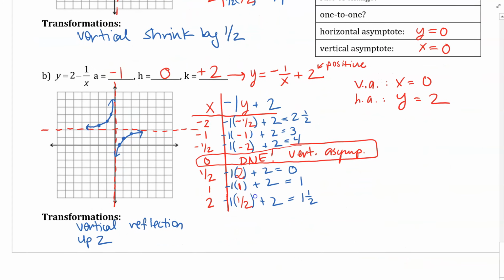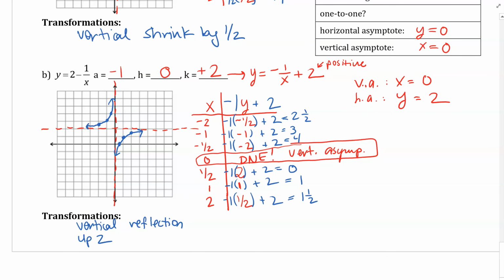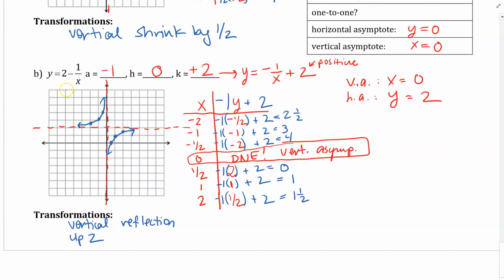Okay, B, also sort of deceiving, the way it's set up here. It looks like k is -2 because we're used to having k come second and this is following a negative, but technically the 2 is positive. It's the 1 over x that's negative.